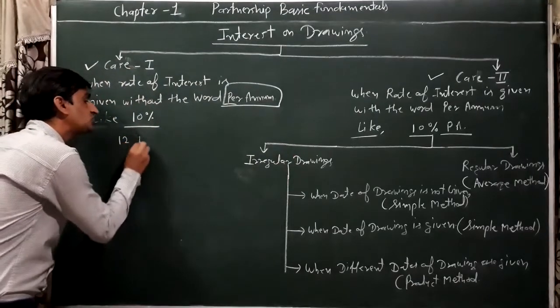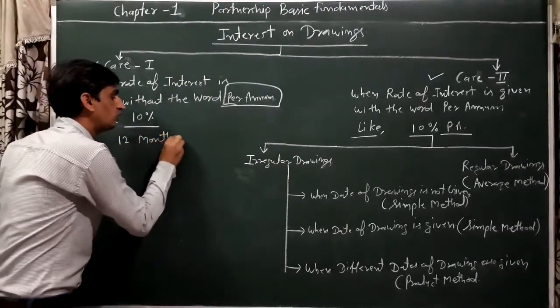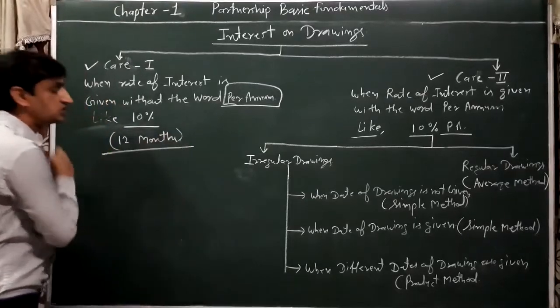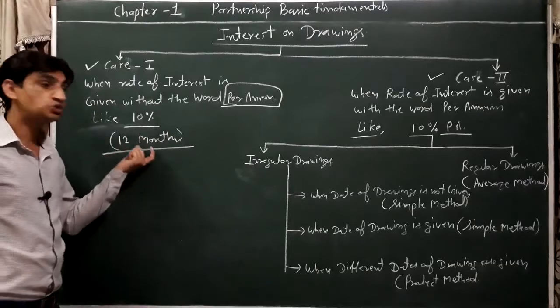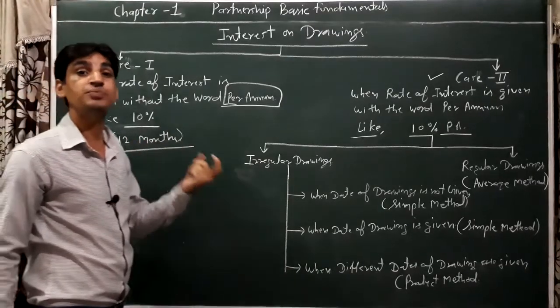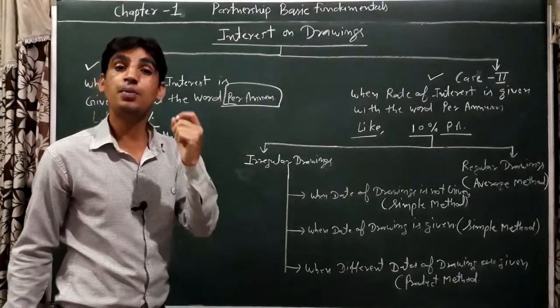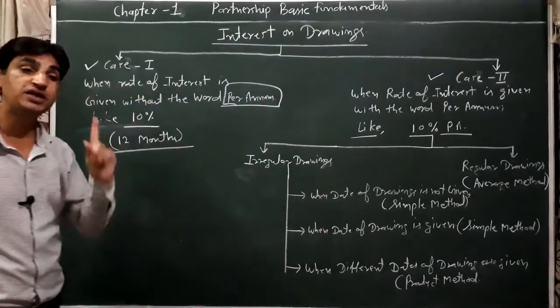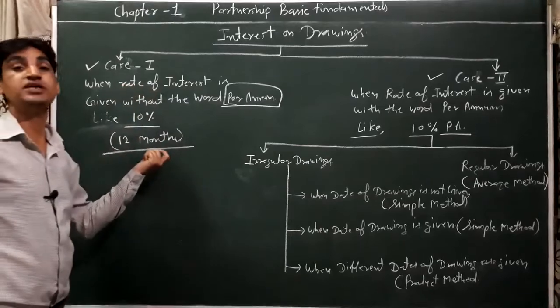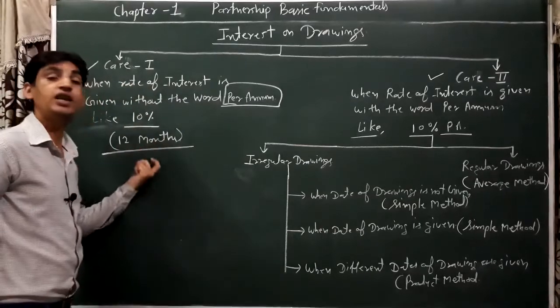Always 12 months' interest will be calculated. The most important point here: always 12 months' interest will be calculated, whether the amount is used for 1 month, 4 months, 10 months or the whole year, but interest on drawings will be calculated for all 12 months.